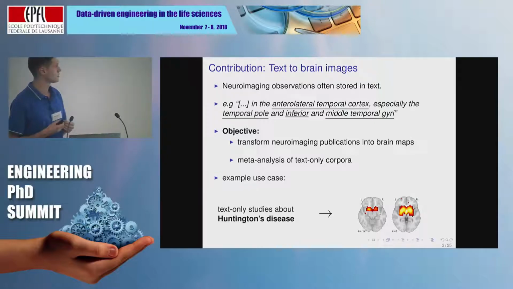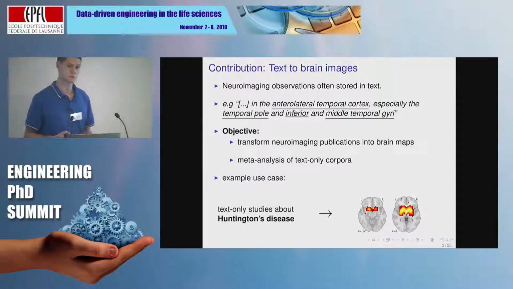So all that we get, all that is made public is text, a text report like a journal article. So the quantitative spatial information that was contained in the MRI images gets degraded to natural language and is now encoded in sentences like this one.